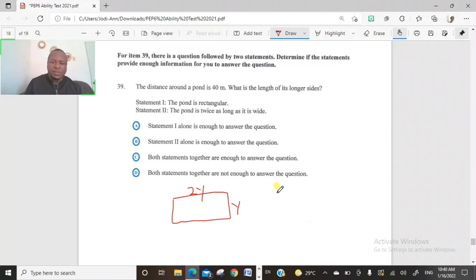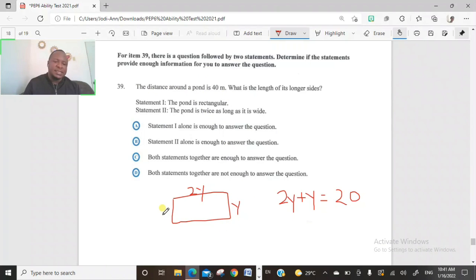So 2y plus y should be equal to 20. One length and one width should give you half the perimeter of the rectangle.